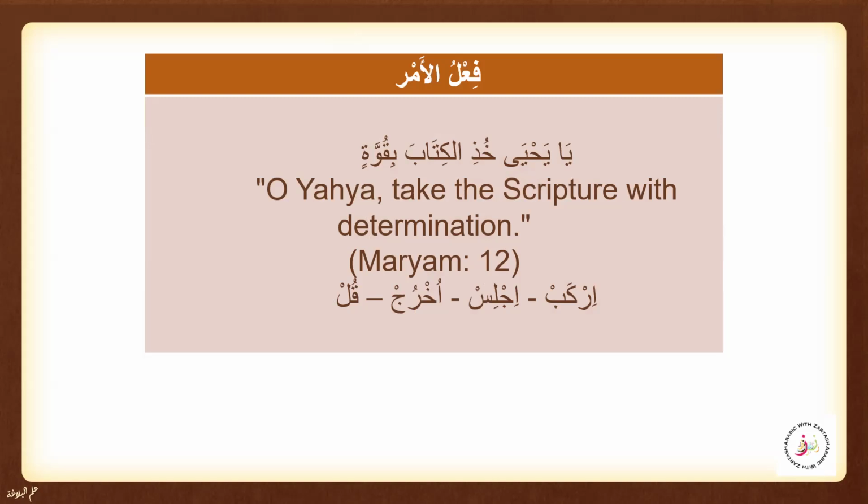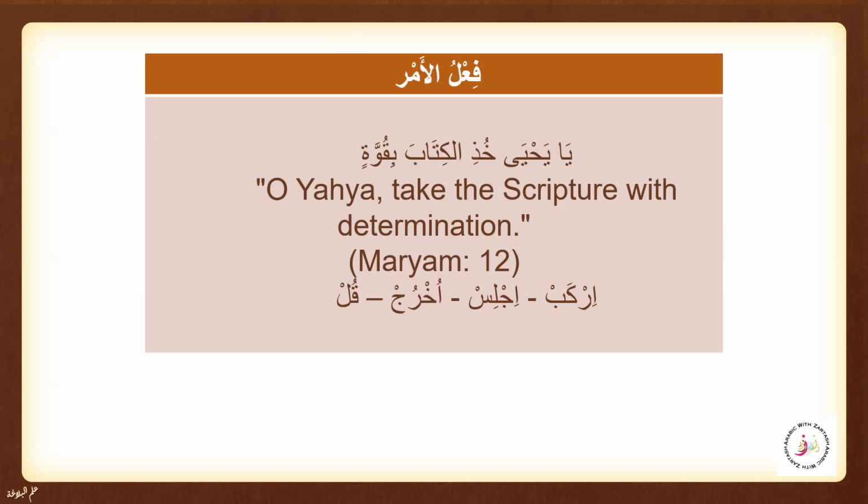So here you can see, we know that فعل الأمر is made from فعل مضارع, and we have done this topic in detail in our previous session, when we learned the steps of converting a فعل مضارع into فعل الأمر. So the word خذ in the ayah خذ الكتاب بقوة is فعل الأمر.